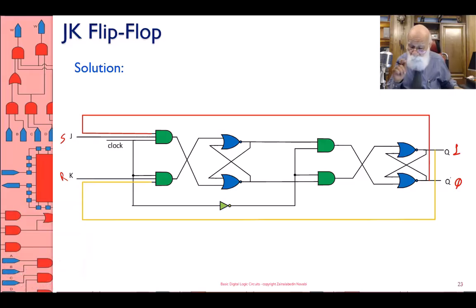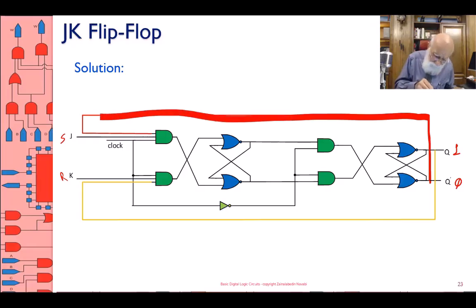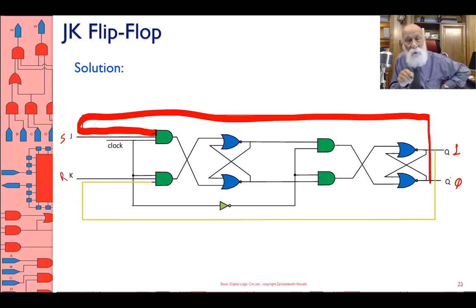You shouldn't have a problem with me taking the output Q bar, which is 0, feeding it back into the gate that has the S input, right? Because Q bar is 0. Q is set.